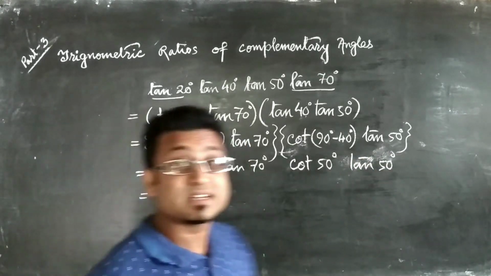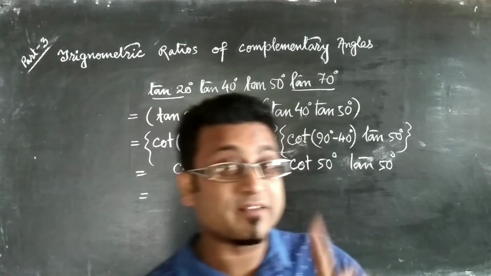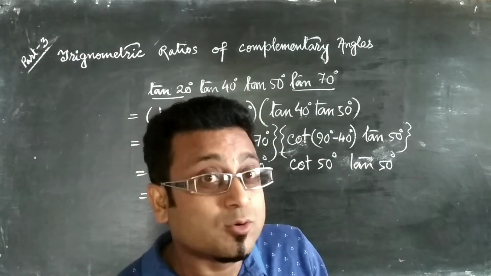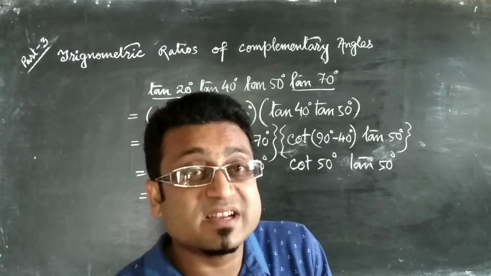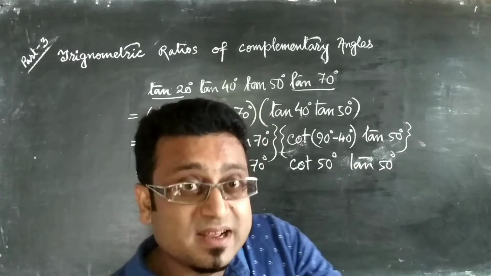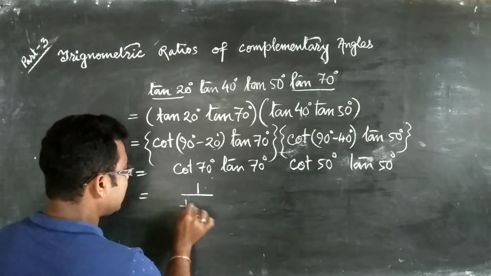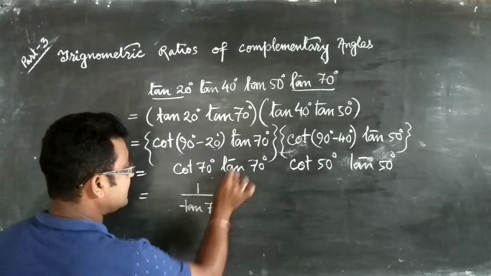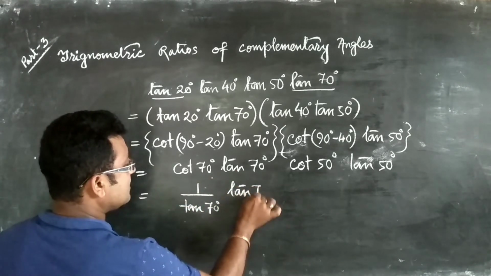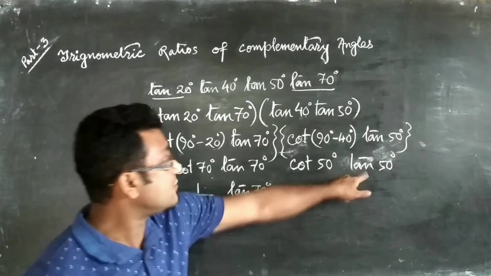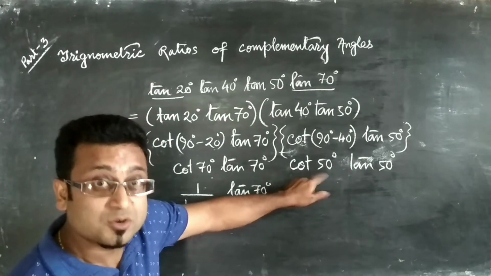Now what is the relationship between cot and tan? Just remember, in my first video I told you the relationship: cot theta is 1 by tan theta. So I am going to implement that here. Cot 70 is 1 by tan of 70, and this will be the same. You are not going to change this. Out of these two again we are going to change cot to tan.